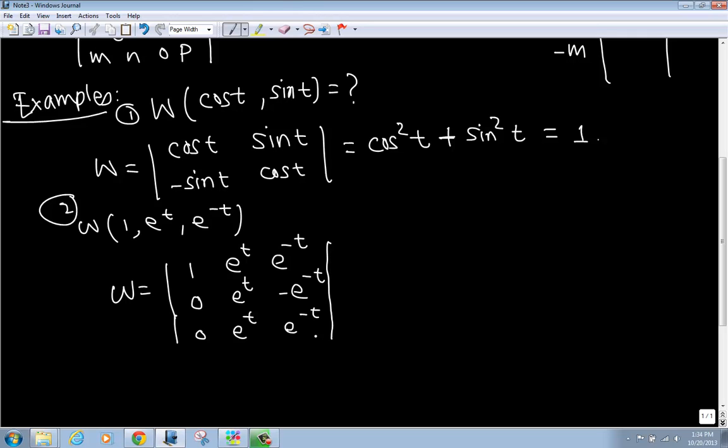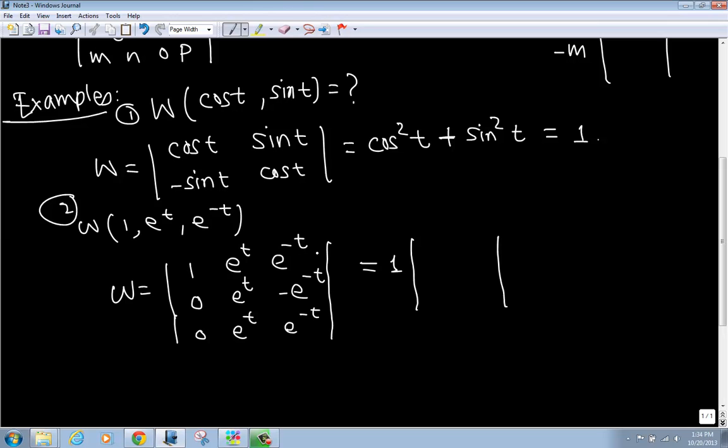So it's a 3 by 3 determinant now. We want to expand along the first column because it contains a lot of zeros. So 1, this is plus, minus, plus. In fact, we don't have to expand along the second entry and third entry. It's going to be 0. So 1, and then we'll have a 2 by 2 matrix.